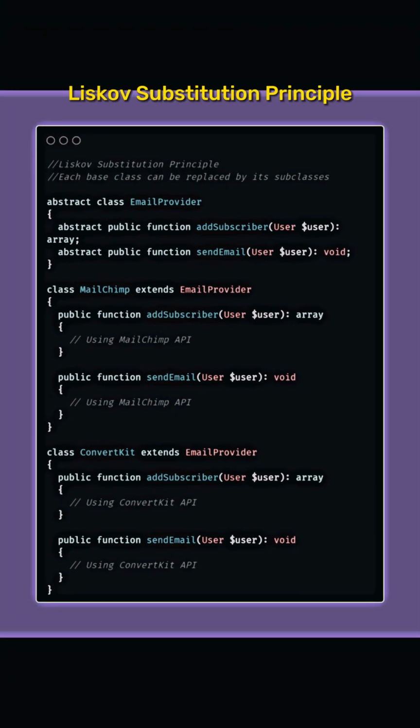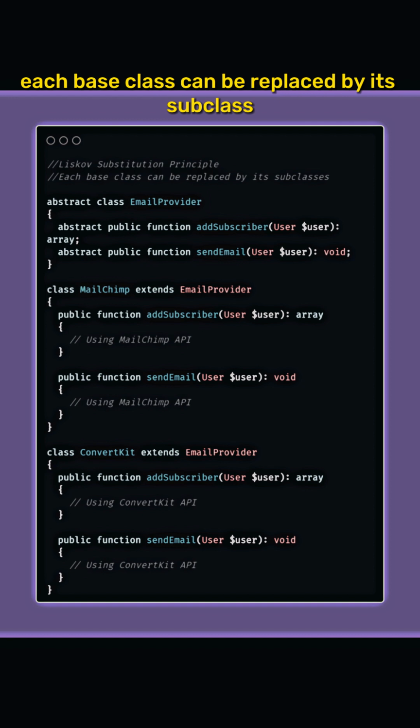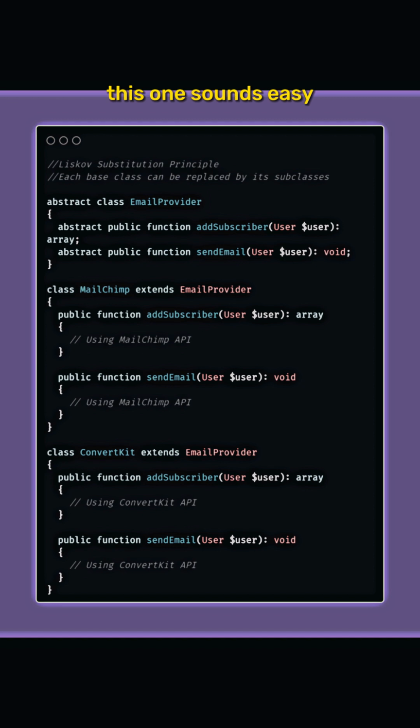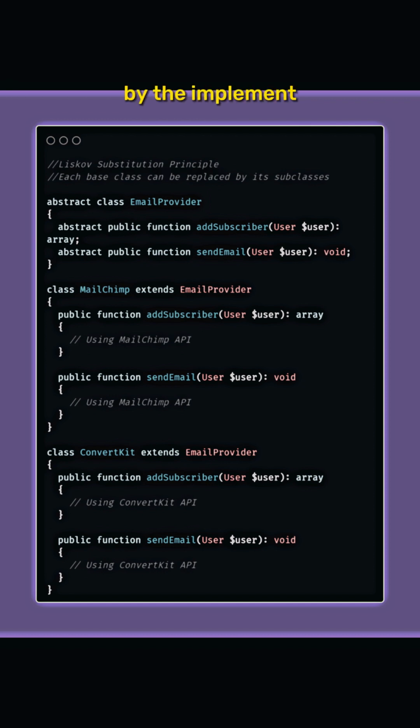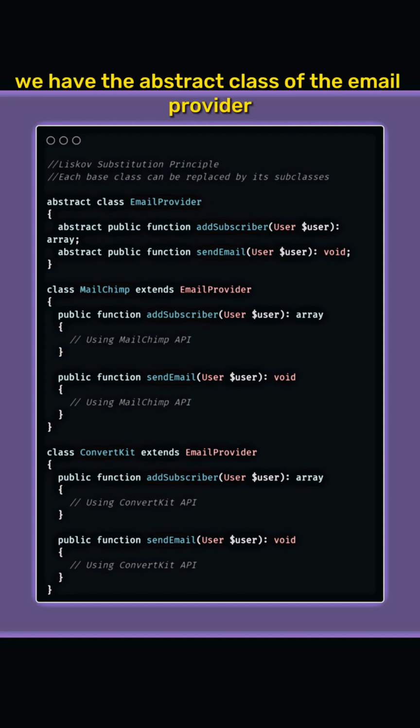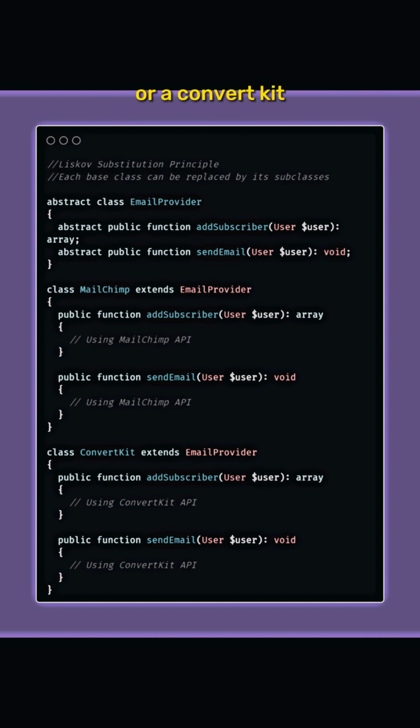Liskov substitution principle. In this case, each base class can be replaced by its subclass. This one sounds easy, but sometimes it's a bit confusing, and there are some rules that must be followed by the implementation. For example, here we have an abstract class of email provider, and we are using either MailChimp as an example, or ConvertKit.